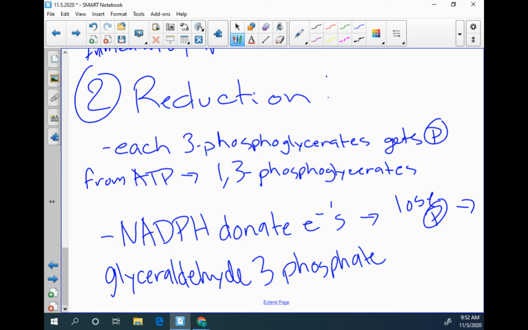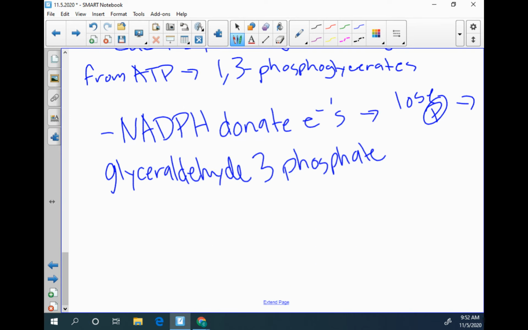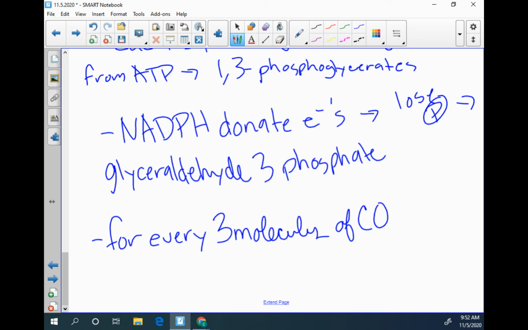Now, let's see. For every 3 molecules of CO2, we get 6 G3P.